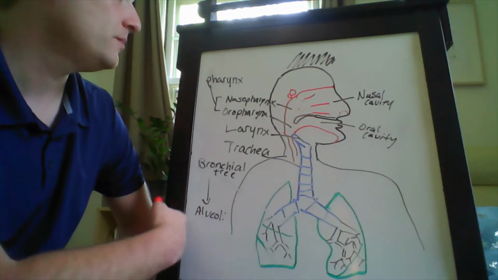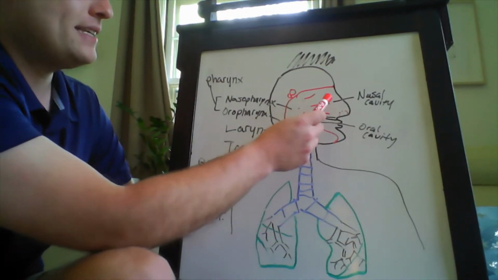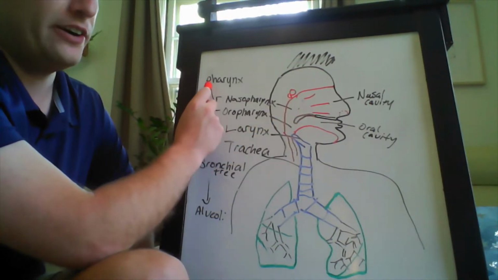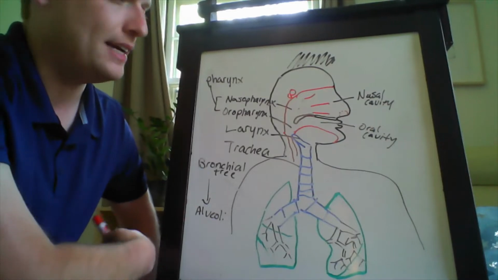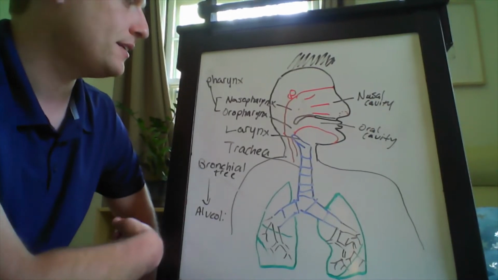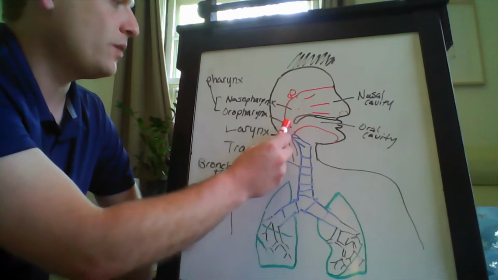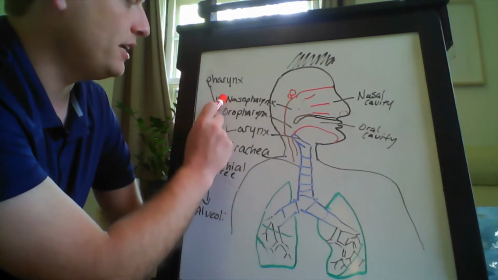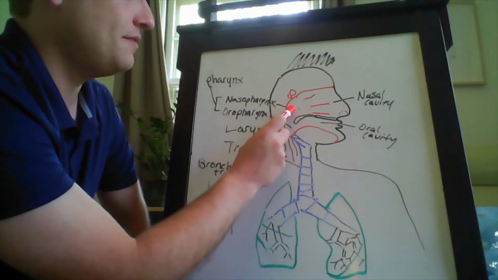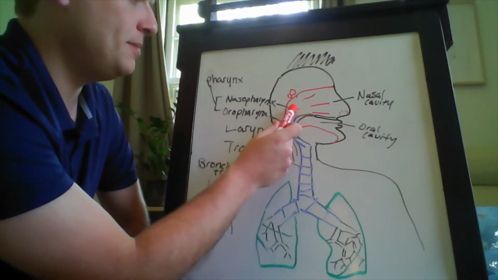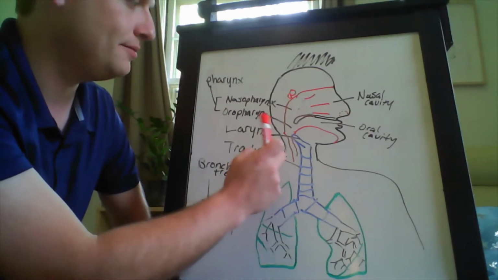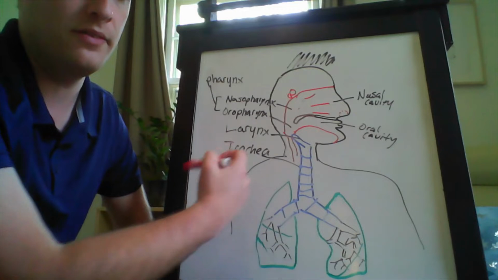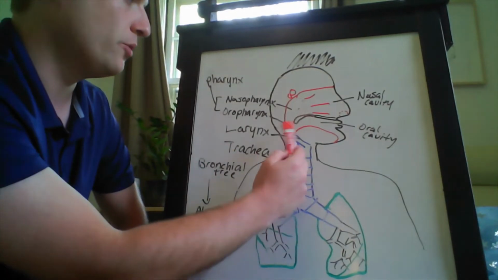Once that air is passing through the nasal and the oral cavity, you come to this segment called the pharynx, which is the next site of the upper respiratory tract. The pharynx is where the airflow is going to progress next. The pharynx is broken into the side that's directly connected to the nasal cavity, and lower down, the oropharynx is the part of the pharynx that's connected to the oral cavity.